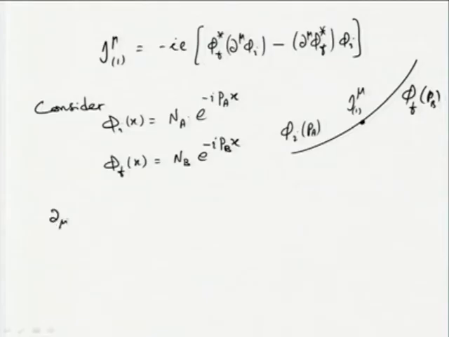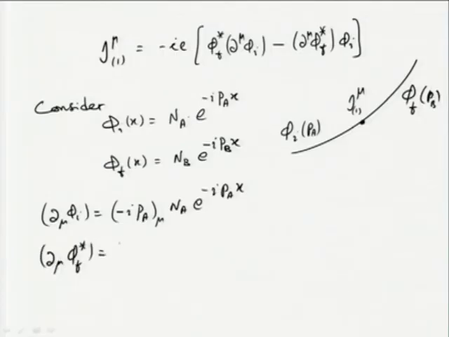And dou mu phi_i is equal to minus i p_a mu N_a exponential minus i p_a x, and dou mu phi_f star is equal to plus i p_b, plus, because it is the phi star that I will consider, not phi, N_b e to the power plus i p_b x.